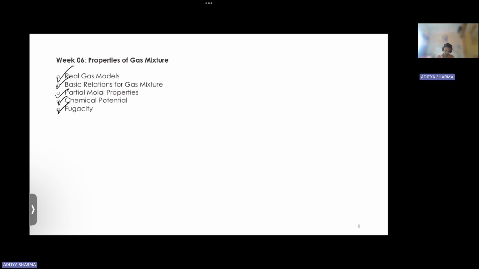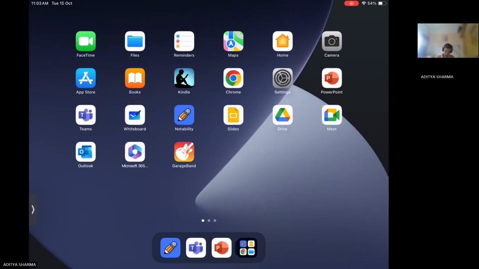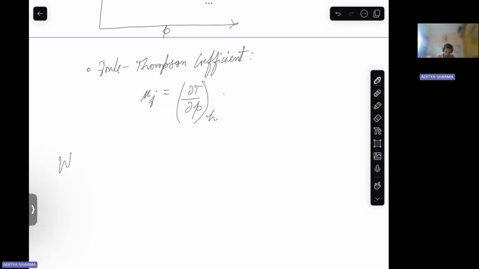So first is your real gas models. So this is your week 6.